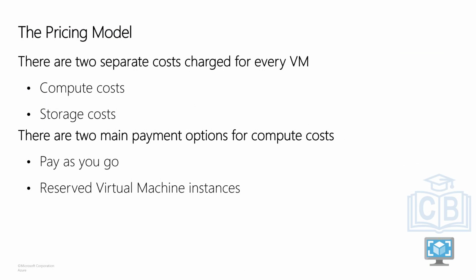If you look at the costs over here, when it comes to the pricing model, though it talks about compute cost and storage cost, there are actually a number of factors involved when you are pricing a virtual machine. The slide mentions 4 options or 4 details. I don't think it covers all the aspects.